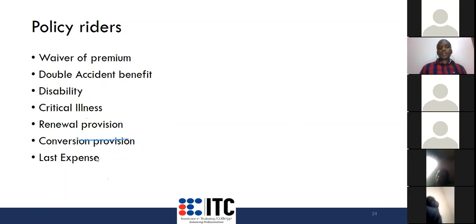So last expense is a policy that pays out specifically for the funeral expenses. Now, the thing about funeral expenses is that they are usually incurred within 48 hours of the death.